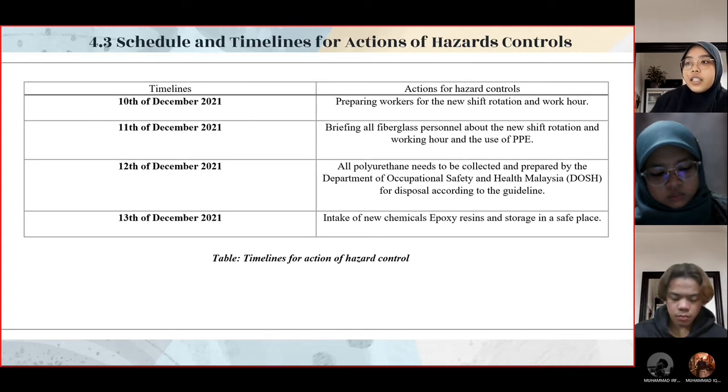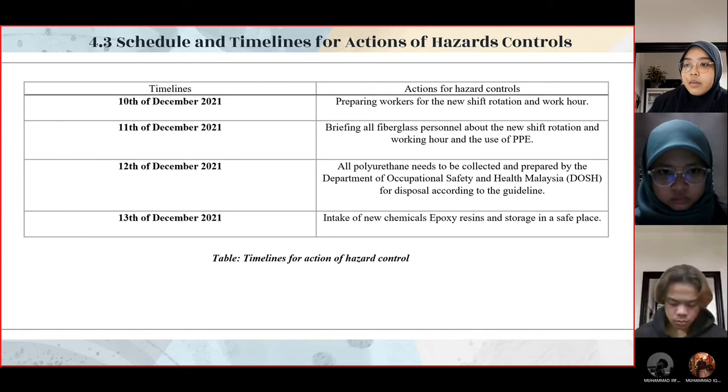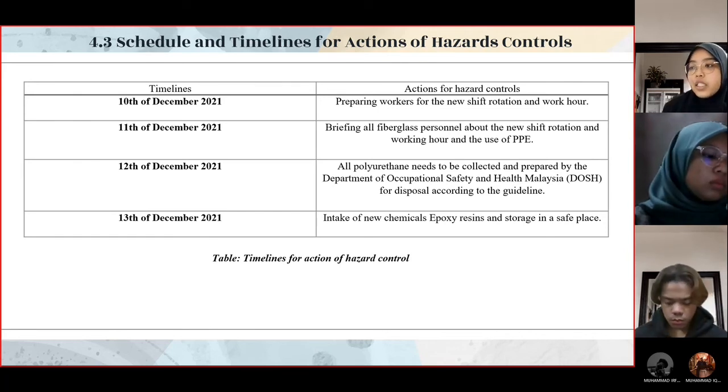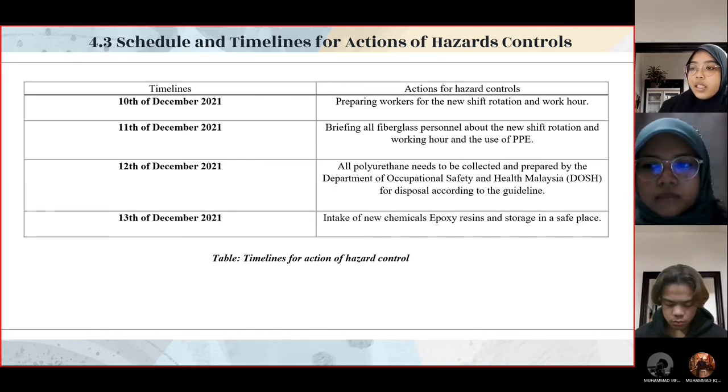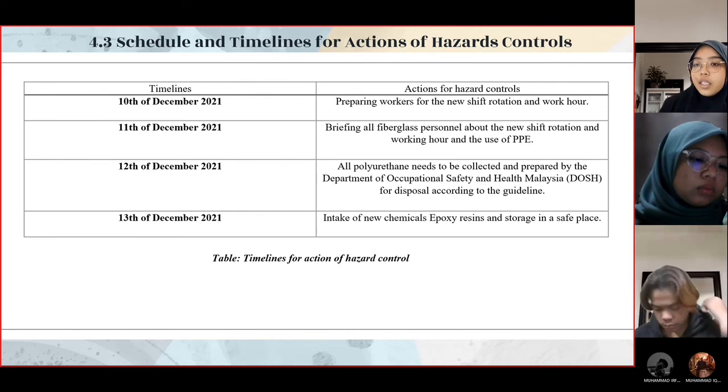4.3, schedule and timeline for action of hazard control. There are 4 timelines of December 2021. On 10 December 2021, action for the hazard control is preparing workers for the new shift rotation and work hour. On 11 December 2021, briefing all fiberglass personnel about the new shift rotation and working hours and the use of PPE.